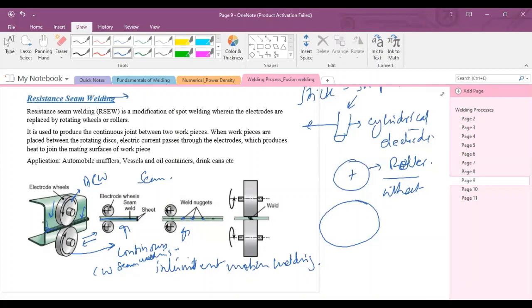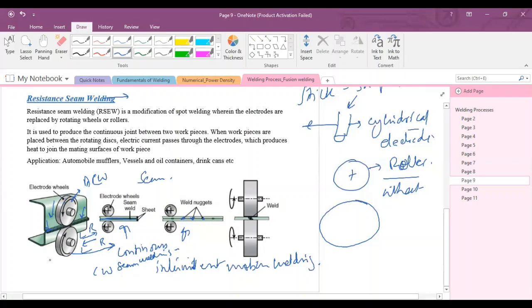If the upper wheel rotates anti-clockwise, the base metal moves from right to left, and if the upper electrode rotates clockwise, the base metal moves from left to right.